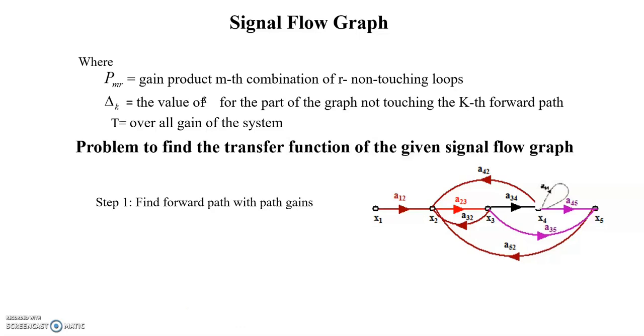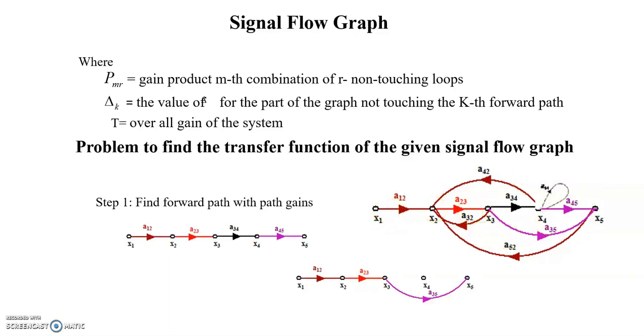The first problem: find the transfer function of the given signal flow graph. This is the flow graph. The first step, you find the forward paths with their gains. Looking at this diagram, there are two forward paths. Forward path means going from the input to the output in the forward direction only.